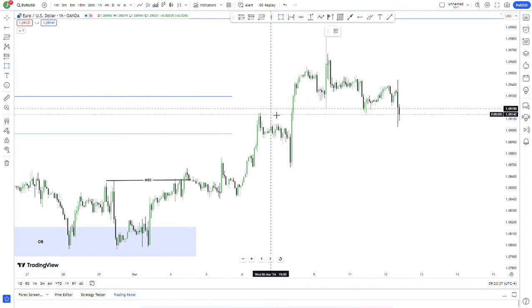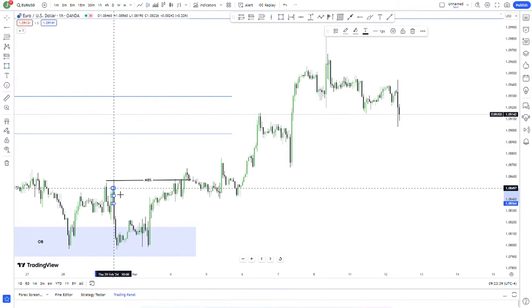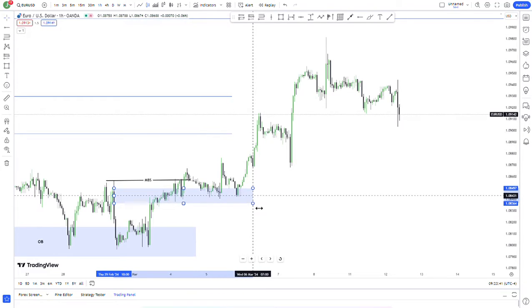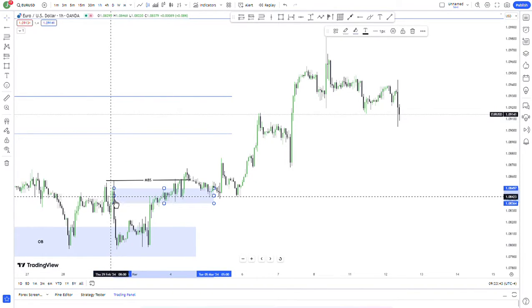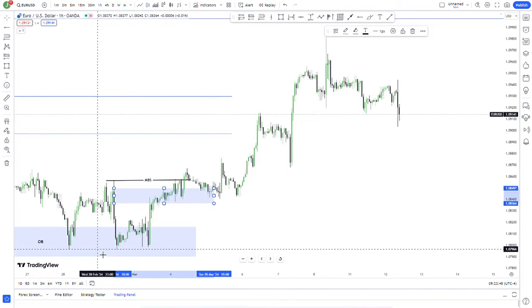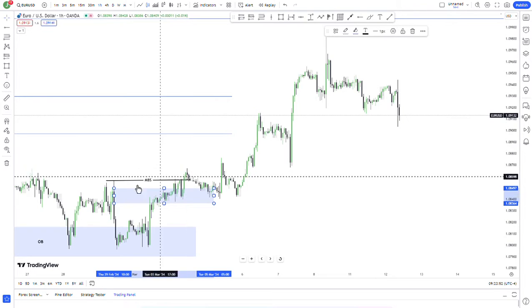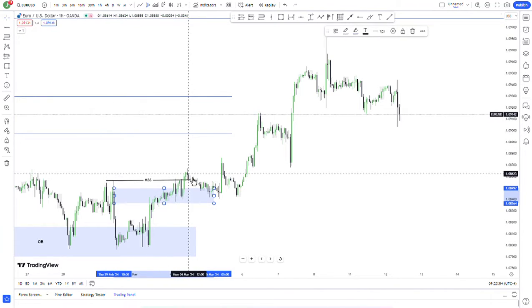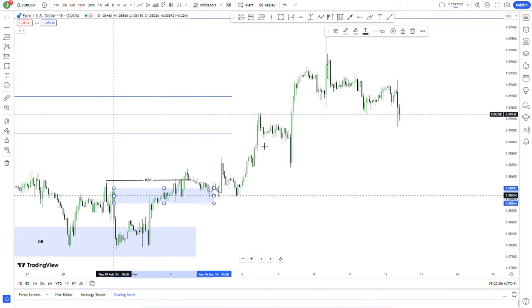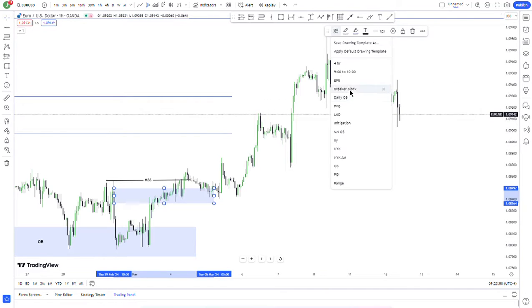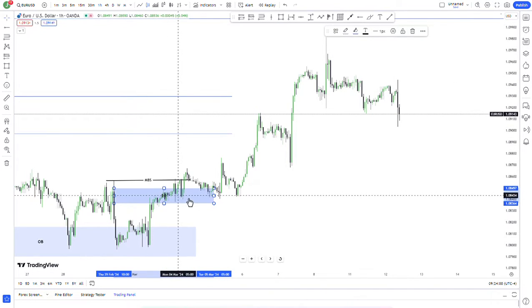It's simply because it was trading inside this breaker block over here. It was originally an order block, but it wasn't really an order block because the market hadn't broken this low yet. But because the market broke this high, this became our breaker block.